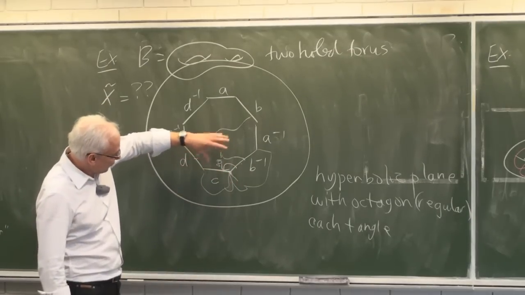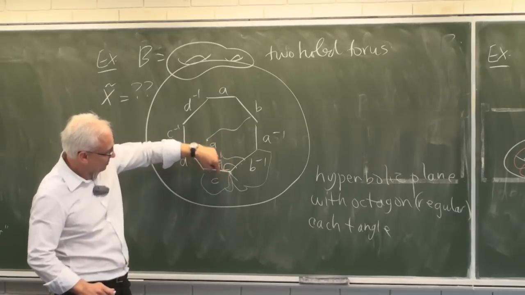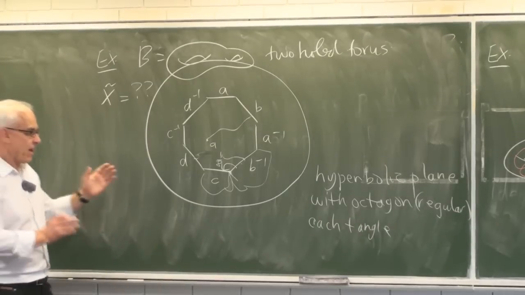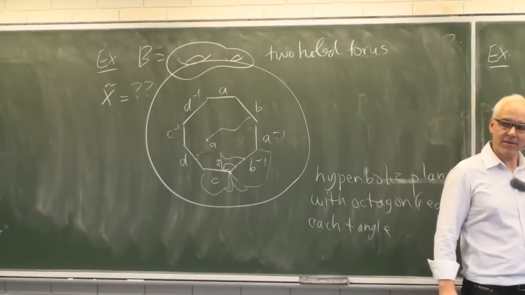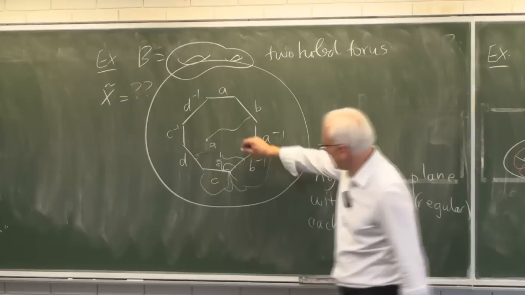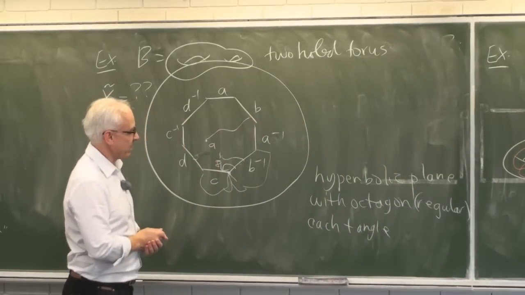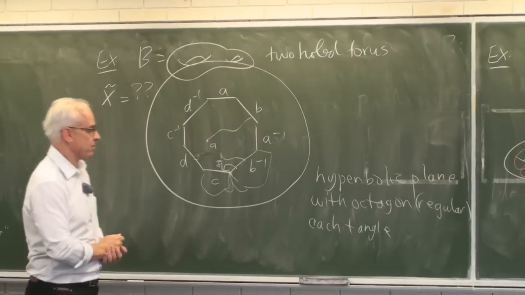And so once you have this octagon with the right size so that you can fit 8 isomorphic copies of it around each vertex, then you're in a position to play the same game as we did over here. Then you can extend any path in the base space to a path in the larger hyperbolic plane.